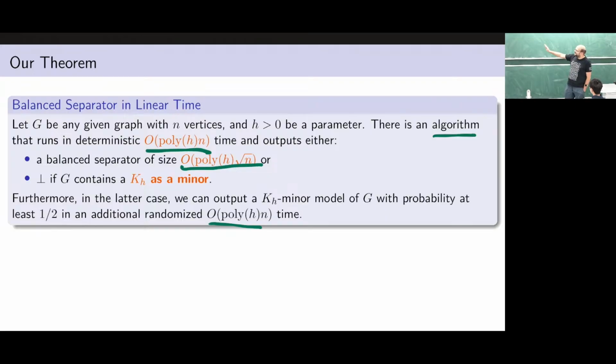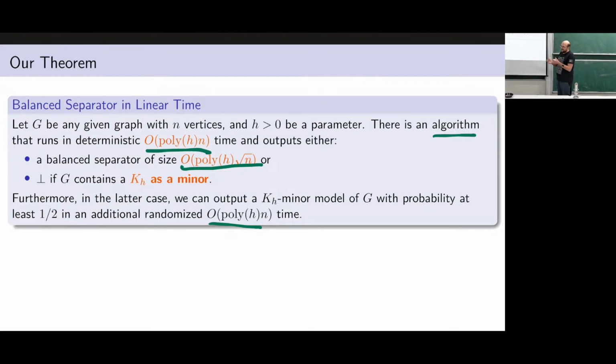Well, when it says G contains a K_h minor, that's not probabilistic, right? This is a true statement, but you don't output it in all cases. We output it in some cases, and in the other cases we output something else, which is a certificate.